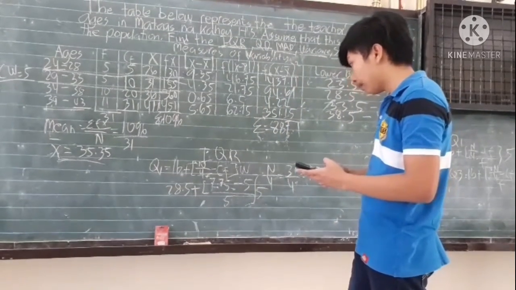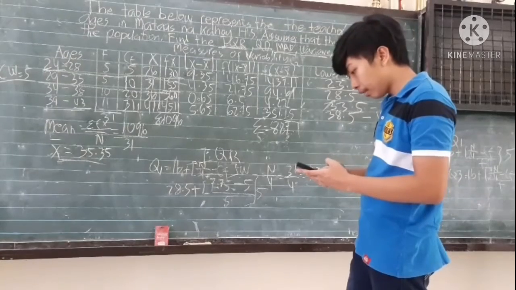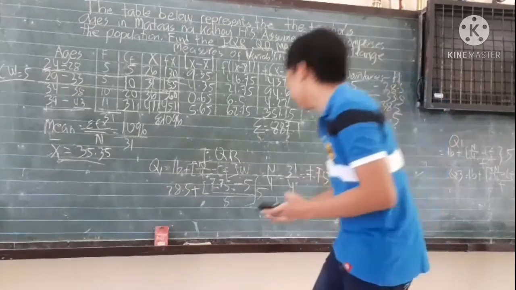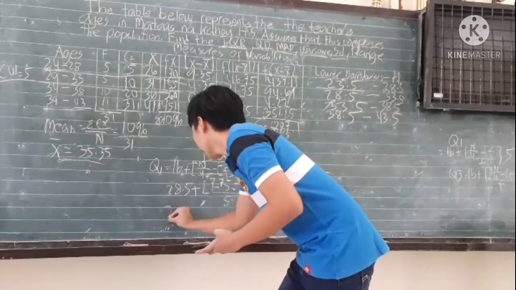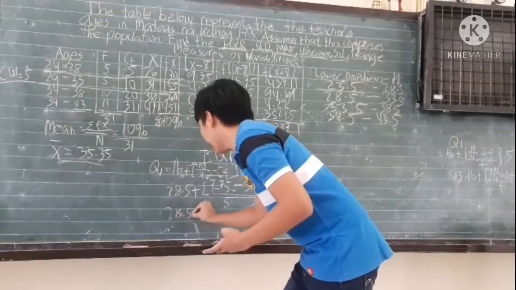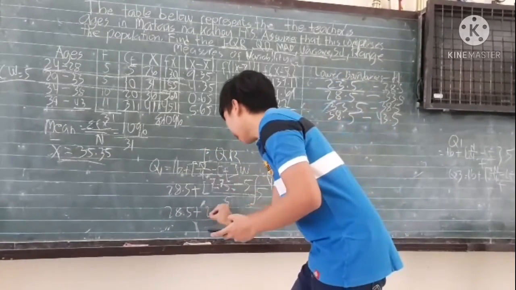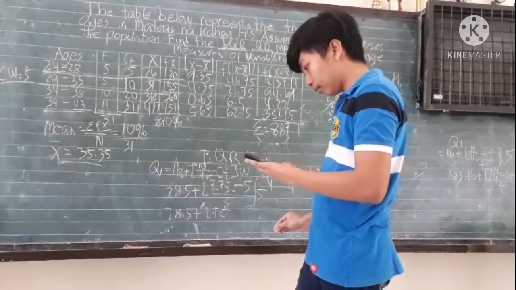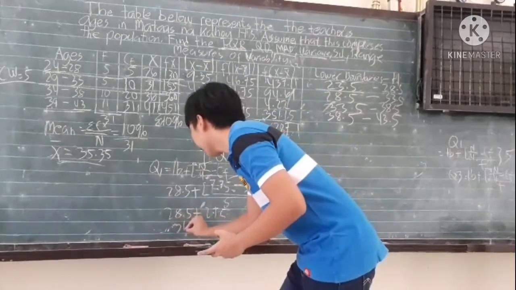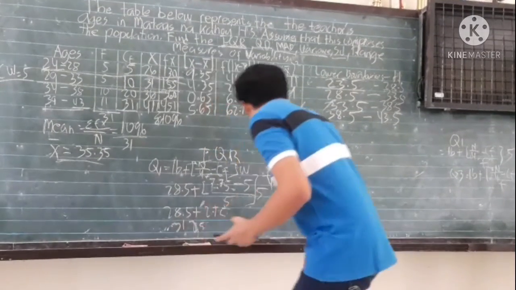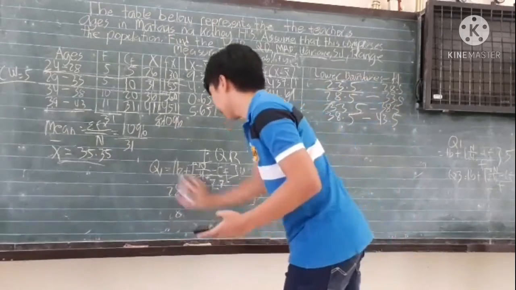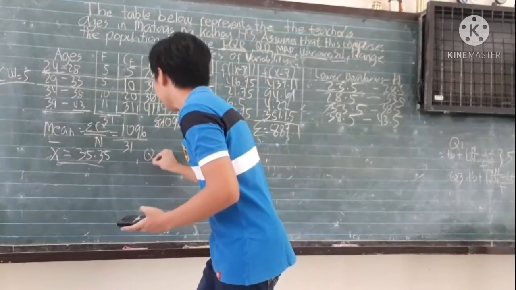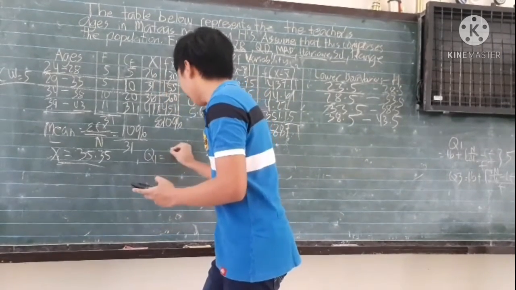So 7.75 minus 5 divided by 5 times 5 is 2.75. 28.5 plus 2.75 is 31.25. So our quartile 1 is equal to 31.25.